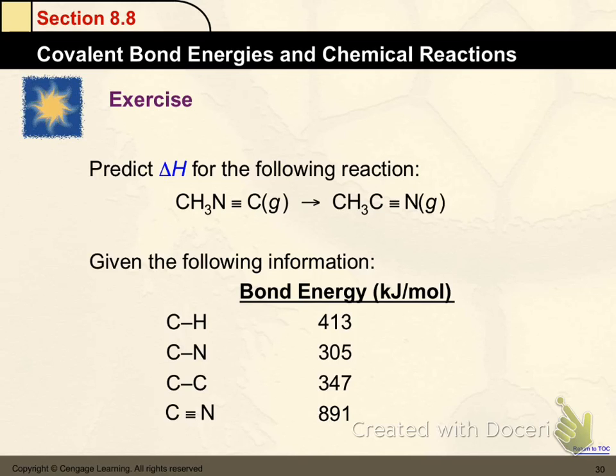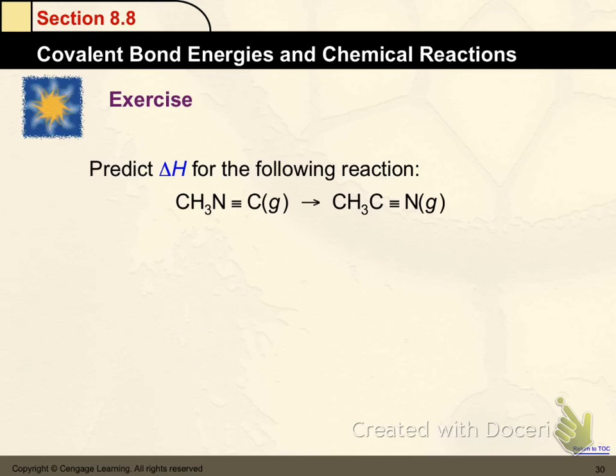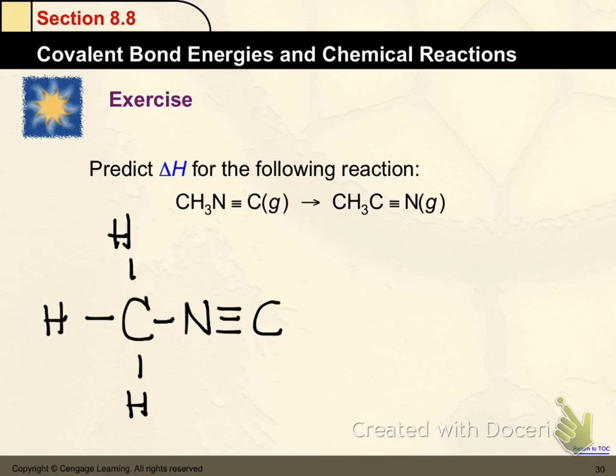I'm going to just go back so I can give myself some space. Okay, we have CH3 triple bond N, so we're going to have a carbon, 3 hydrogens around it. Okay, and then N. Okay.